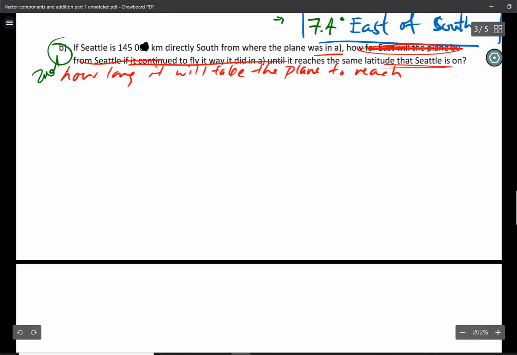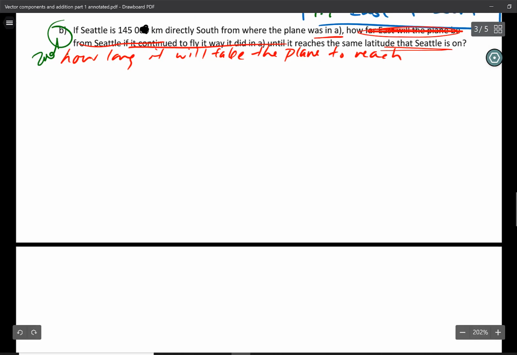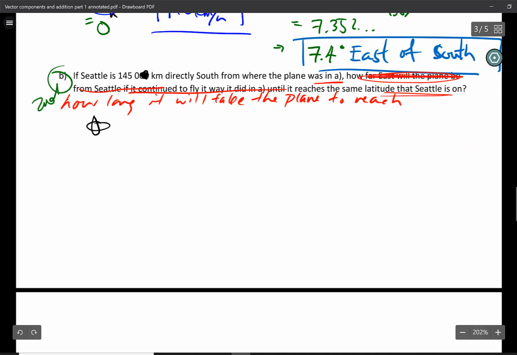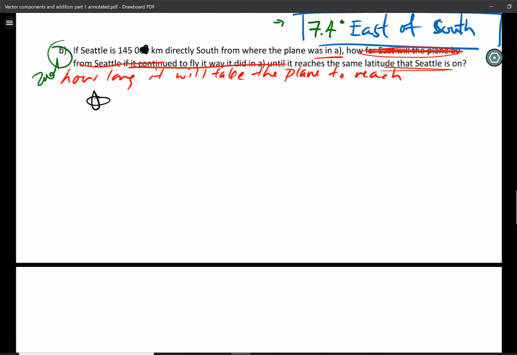Don't worry, I know I just changed it on the fly, the wording's not perfect, but what I'm trying to say is you have a plane and imagine it's flying in that general direction going south, but of course being affected by the wind and everything. Let's say Seattle is directly south.